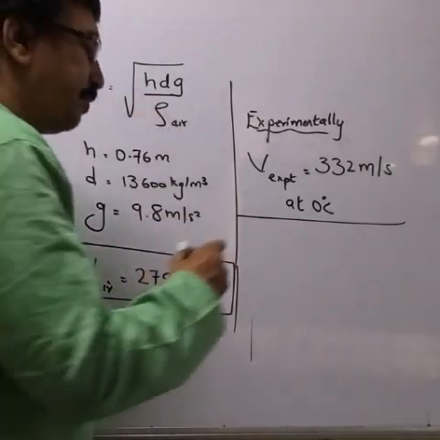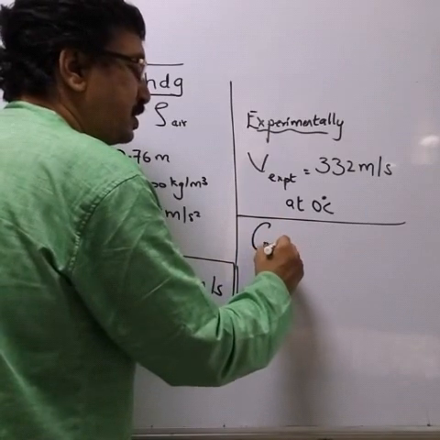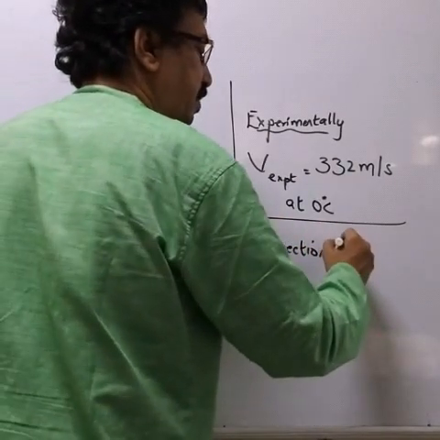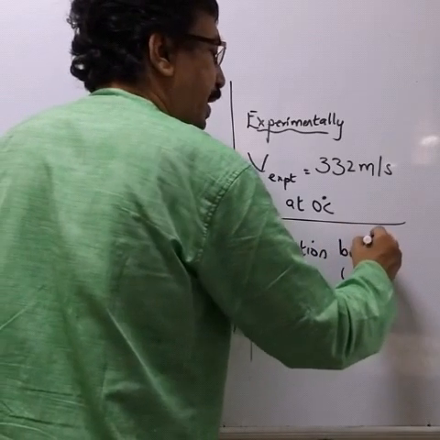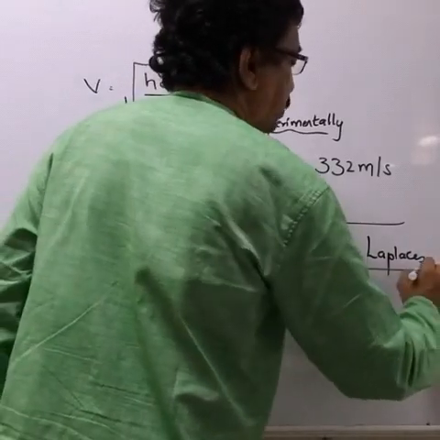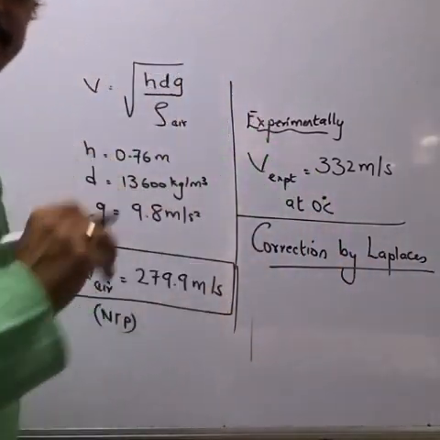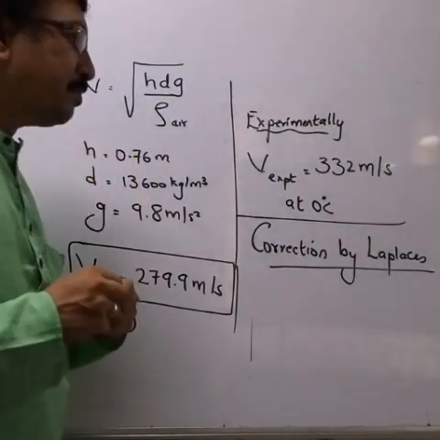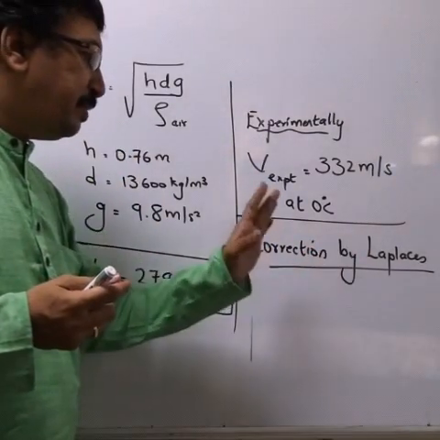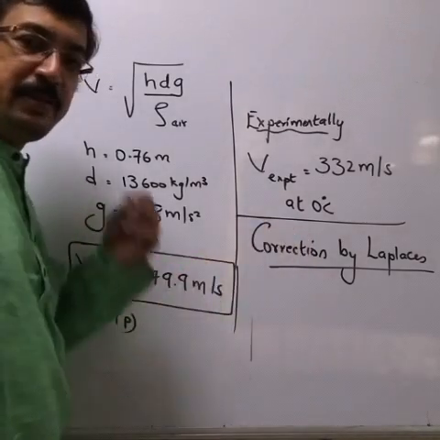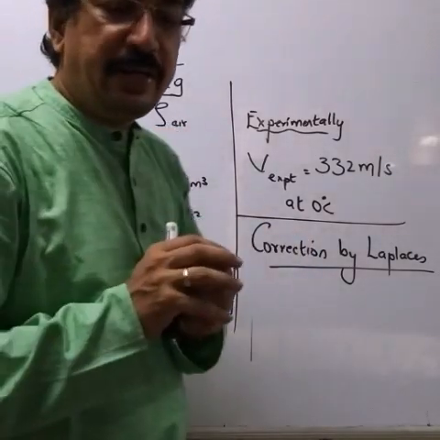So one correction was suggested by a physicist called Laplace, and that's why it is called the Laplace correction to the velocity of sound. Now, what was the mistake made by Newton which was corrected by Laplace? Understand this.